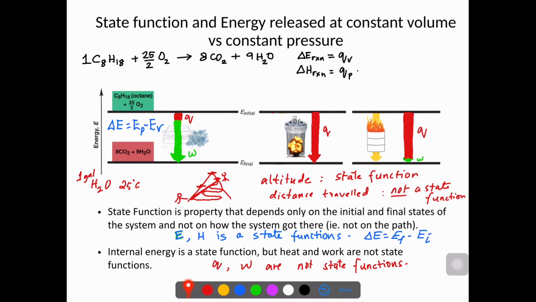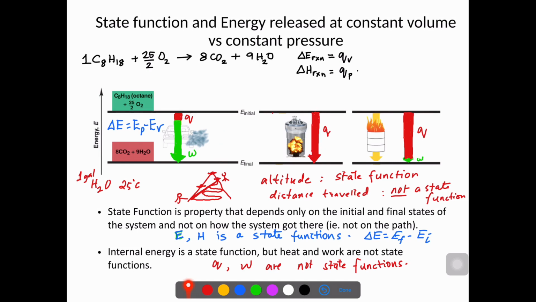As engineers, you're always trying to carry out the reaction in such a way that work is maximized and heat is minimized. Chemists are interested in carrying the reaction so that heat is maximized, because the heat gives you a good estimate of the difference in energy between the reactants and products, and that's what chemists are interested in: how much a substance's internal energy is relative to another substance's internal energy.